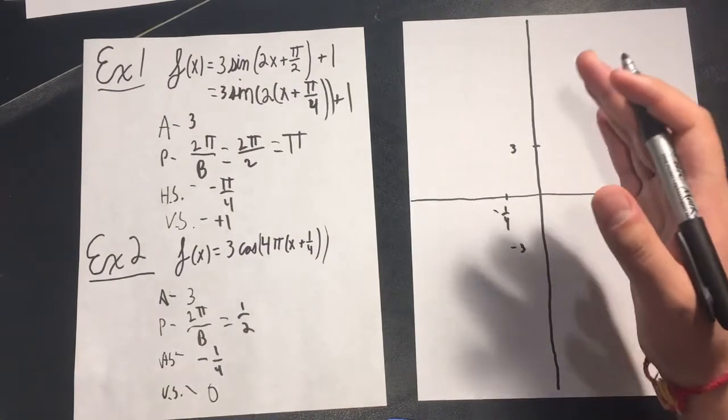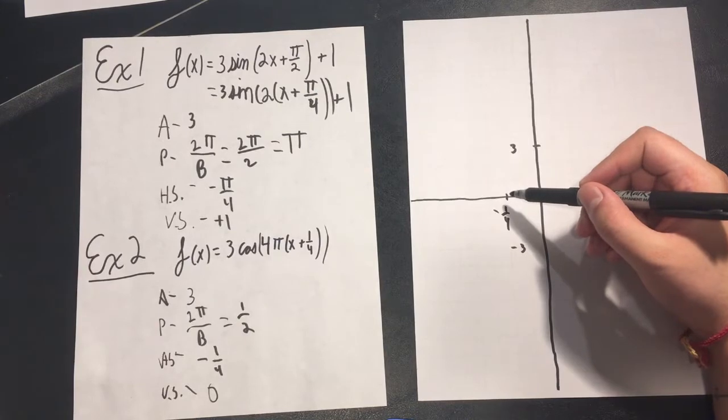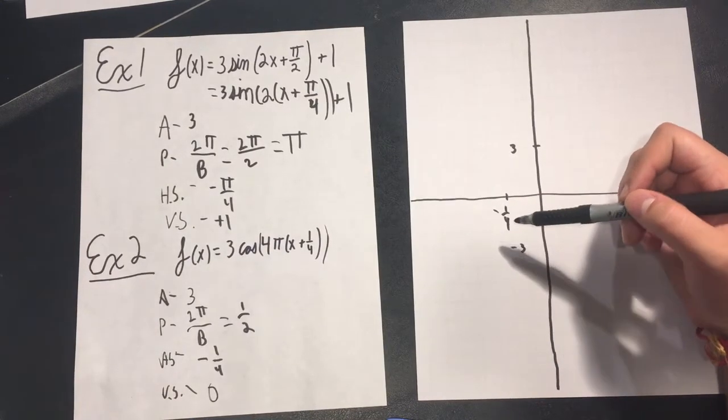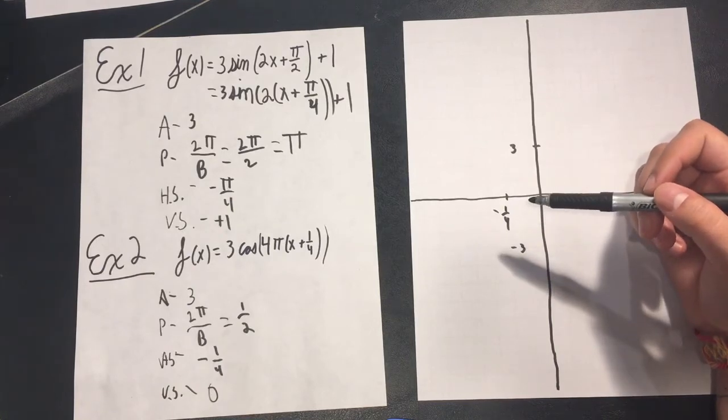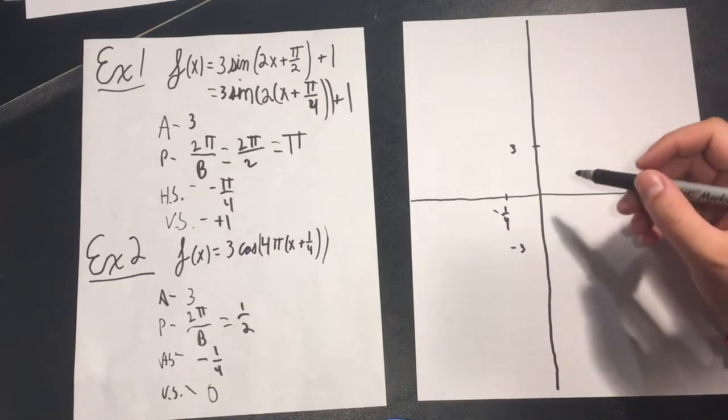And the way we find out what our endpoint is, because this is essentially our start point for whatever function we're graphing, our endpoint should just be negative 1/4 plus the period, which should just get us positive 1/4.